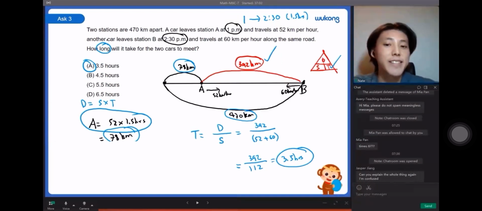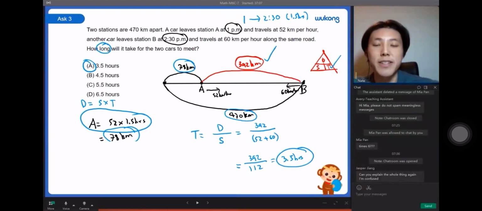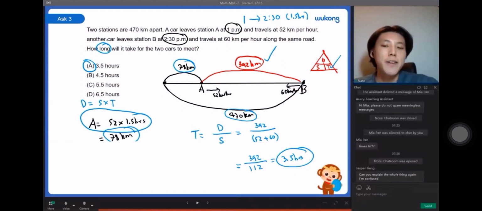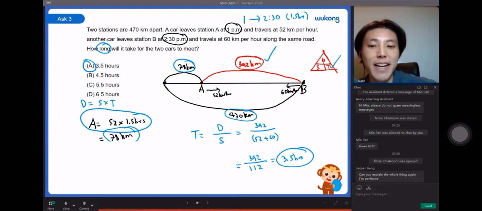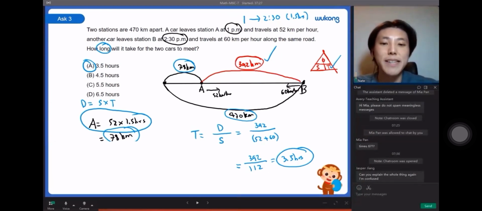He had a head start, and he traveled for 1.5 hours by the time B started his journey. Since A's been traveling before B, can you see how the distance between each other has gotten shorter? The red line shows that the distance between A and B is now 392 kilometers. Why? Because A's been traveling for 1.5 hours before, and he traveled 78 kilometers by the time B started his journey.